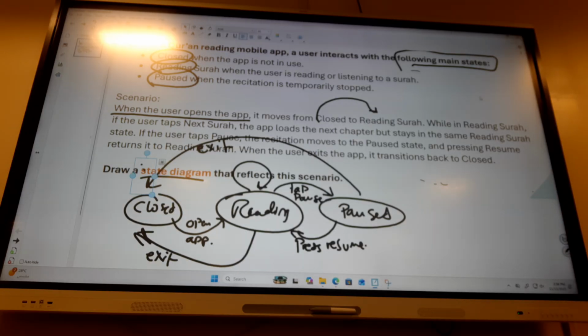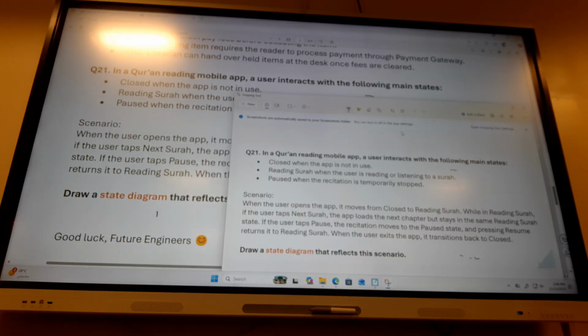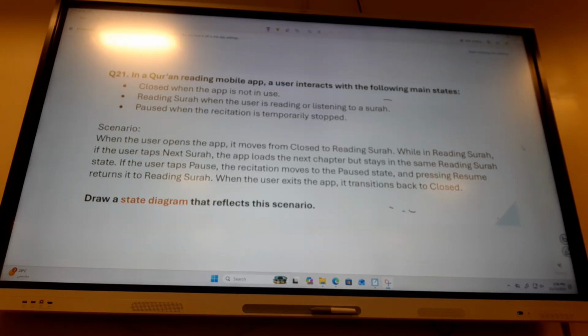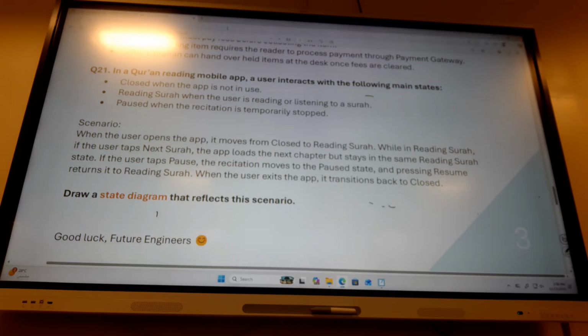I'm reducing the weight on these last two questions. And I promise I'm going to be lenient with grading this time. But I do expect a lot from you when it comes to the final exam. So please put much effort into this. It's not hard. You just need to understand the context.